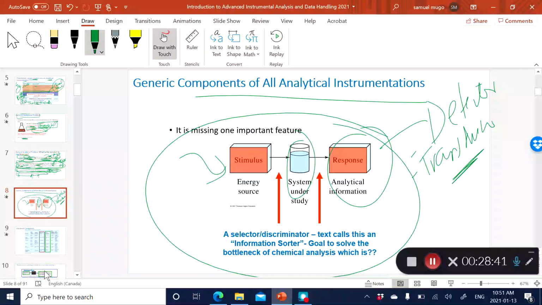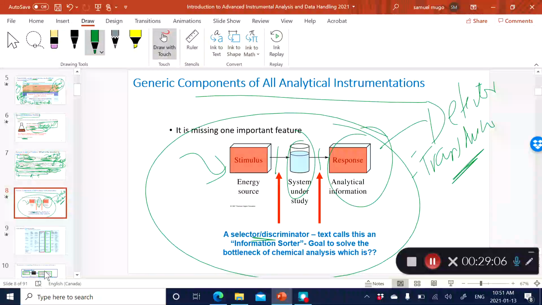Now, you're going to see these arrows are referring to a very important component that is missing in this generic design. The component that is missing in here and in here is what you refer to as the information sorter.